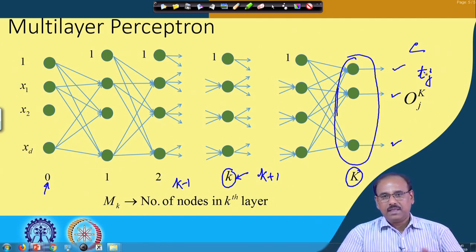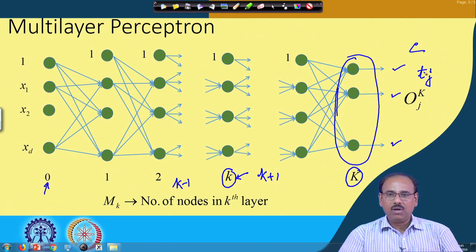The reason being, if I say that a training vector belongs to the jth class, I know that Tj should be high, or ideally Tj should be 1, and all other outputs except the output of the jth neuron in the output layer should be low, or ideally they should be 0. So, this is known, and as the expected output or the ground truth at the output layer is known, I can only compute the error function at the output layer. I cannot compute the error function in any other layers.